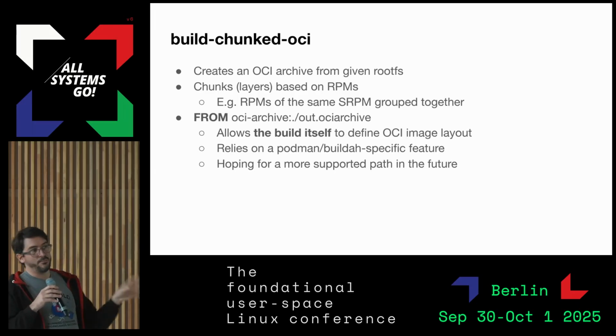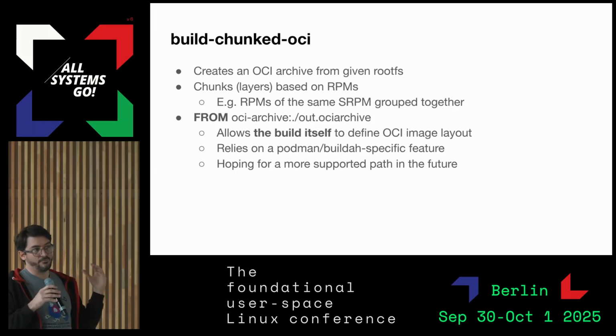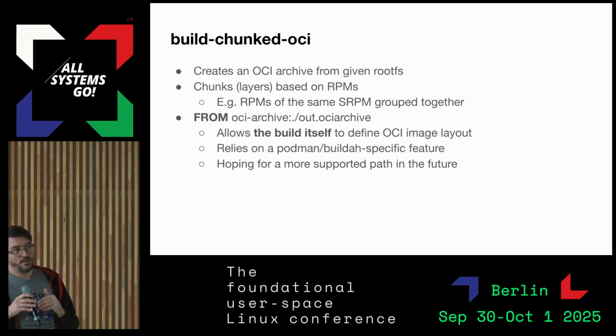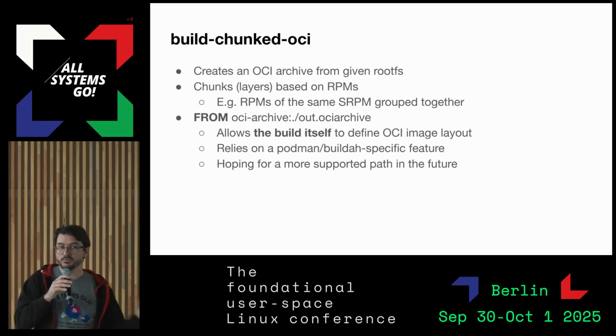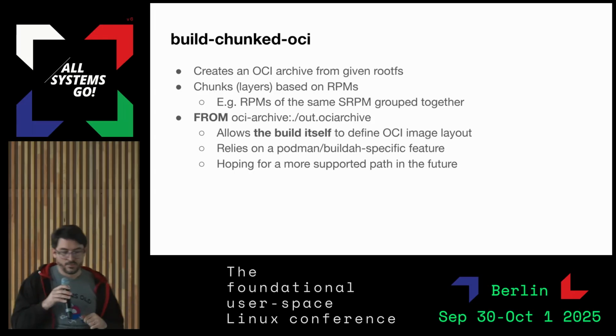So we look at all the RPMs that are installed in this image, and we try and split them by version, if they have the same version, things like that. And there's a few heuristics that will generate essentially a layered image, which, depending on your configuration, can go to 50, 100 layers, that is intelligently splitting the content in your image. And that makes for much faster updates, because now you're just downloading the parts that have changed, and you're not redownloading everything at the same time, every time you do an update.